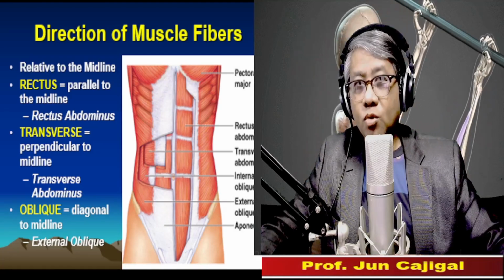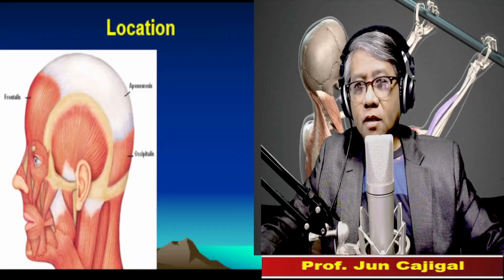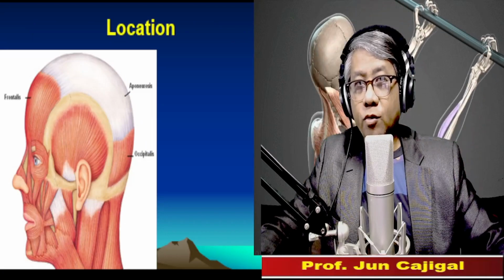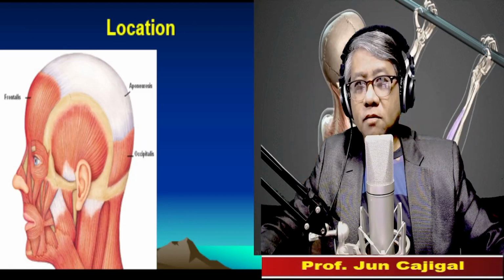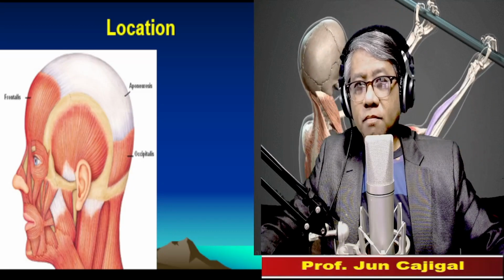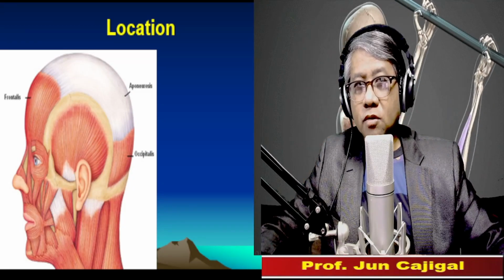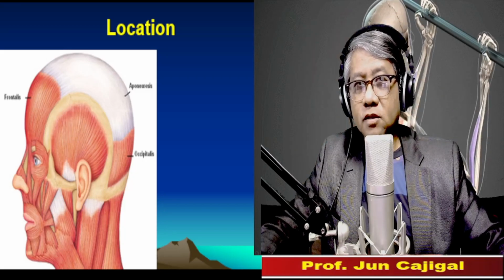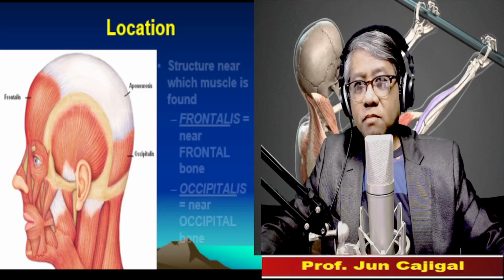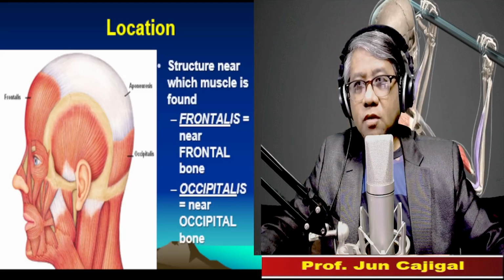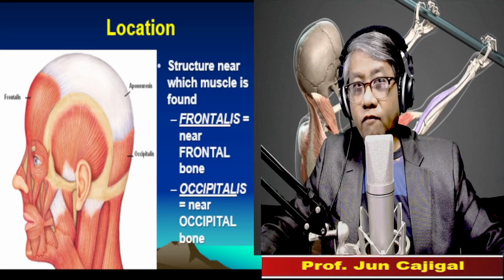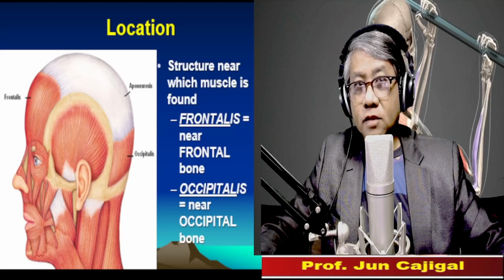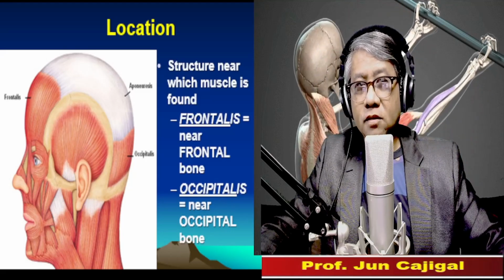Now let's take a look at location as a basis for naming skeletal muscle. What does this mean? Using location as a basis for identifying or naming skeletal muscles simply means the structure near which the muscle is found. For example, frontalis.